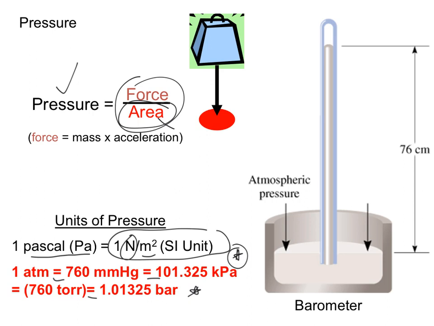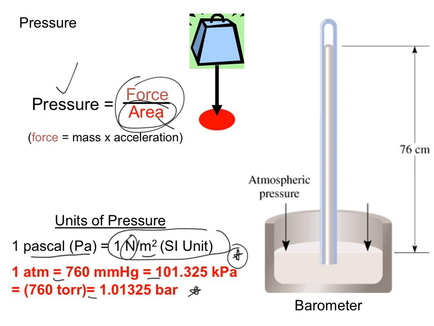We have a pool of mercury, as you know, a liquid metal, and we have this eudiometer, a piece of glassware like a big narrow test tube. We fill that up with mercury and invert this tube into the pool of mercury.